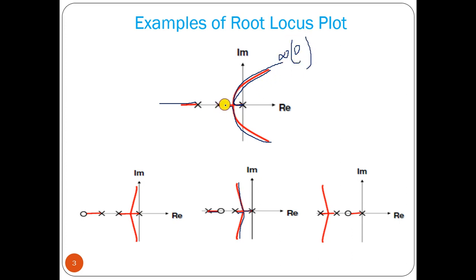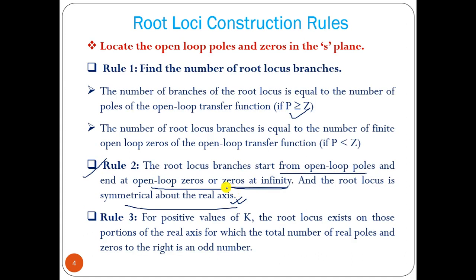This pole comes here, breaks away, and goes up to the infinity zero. And this pole should go here up to the infinity zero. In this case, this pole merges with this zero when k equal to 0. This is the position. When k equal to infinity, it will reach this zero. But these two poles should go along this direction to the infinity zero. Okay, that is the concept.